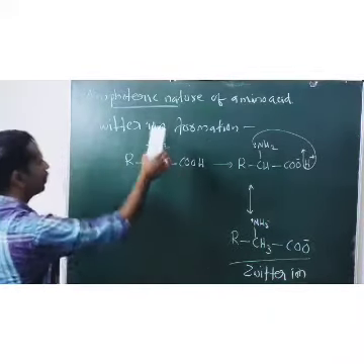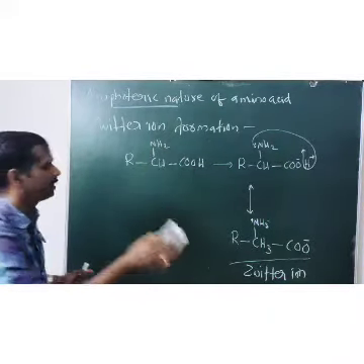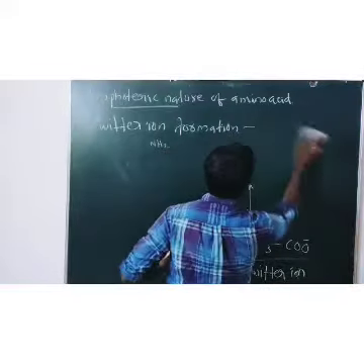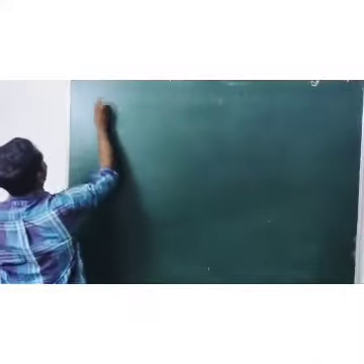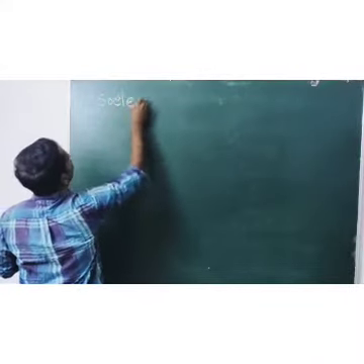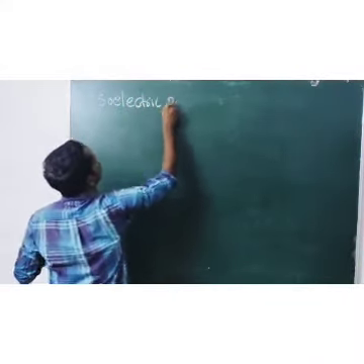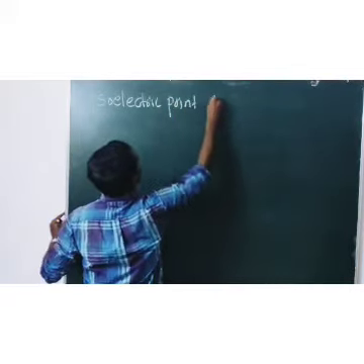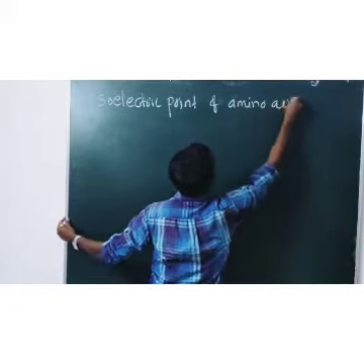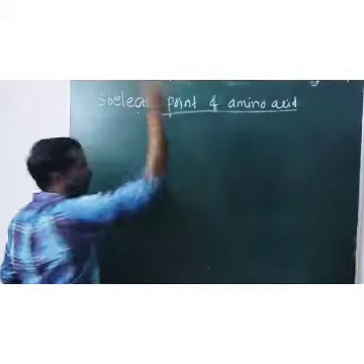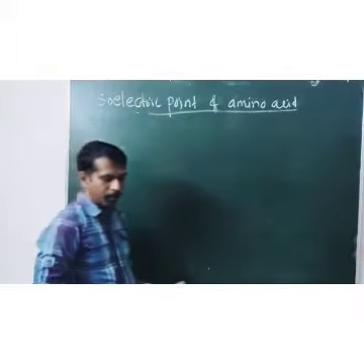So first one is zwitterion formation, next is the isoelectric point of amino acid. Now what do you mean by isoelectric point?